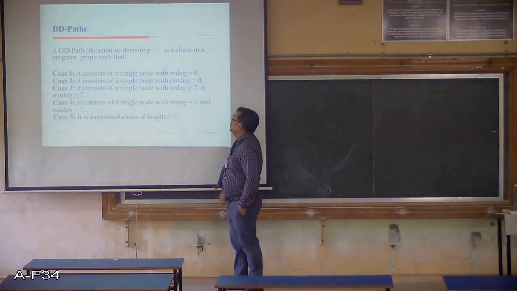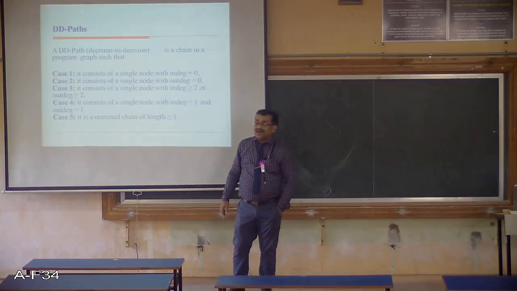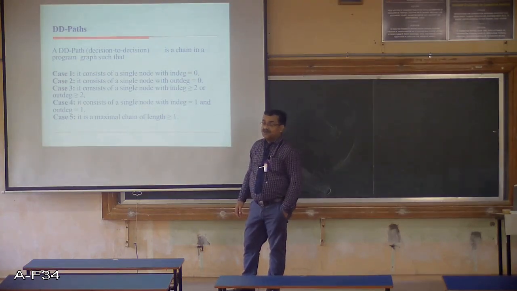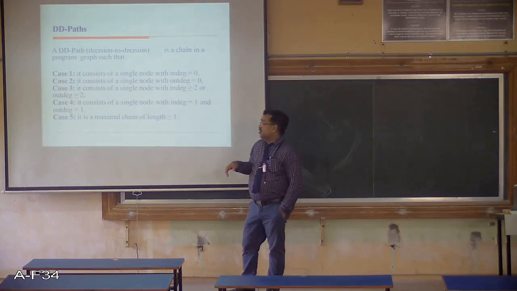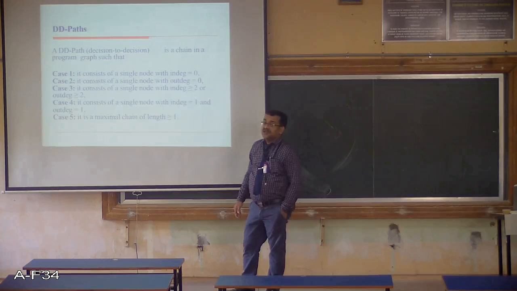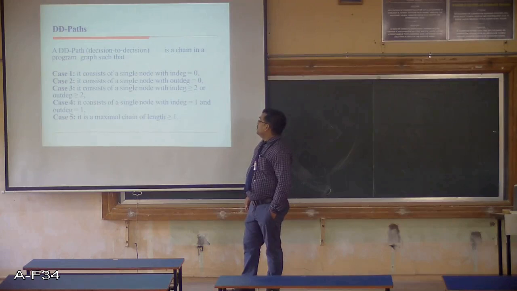Case 3 consists of the decision nodes, where either the in degree or the out degree is greater than or equal to 2. That is only possible with decision nodes, such as an if statement, an else-if statement, or a loop statement with loop condition checking. And case 4 consists of a single node with in degree and out degree equal to 1.